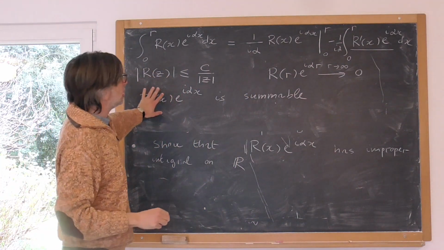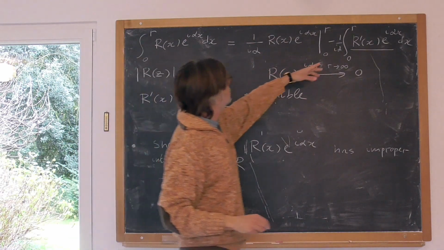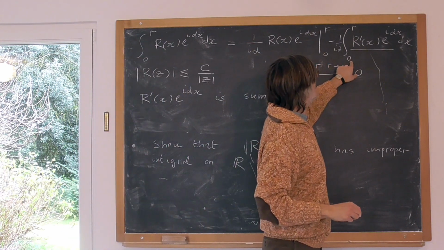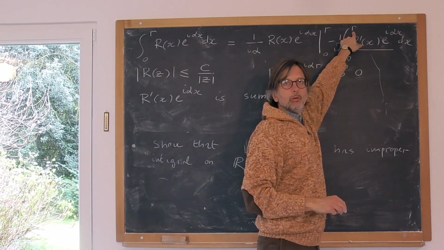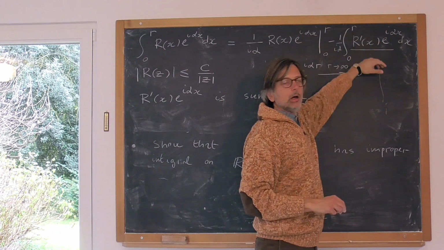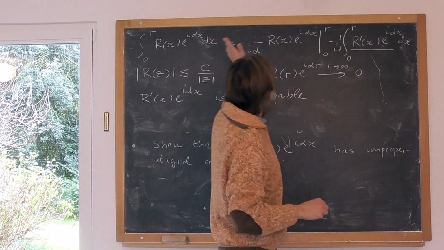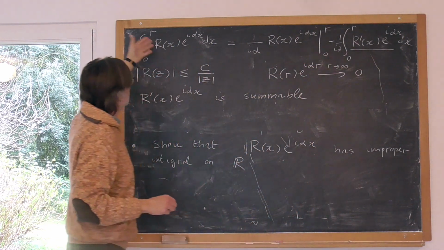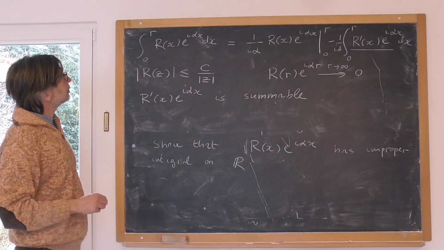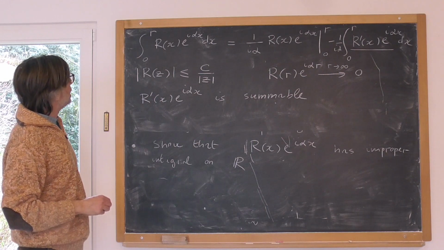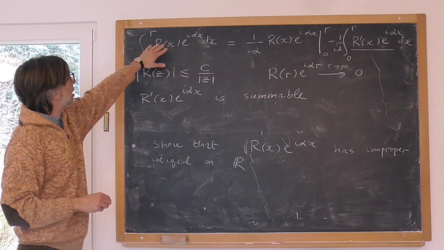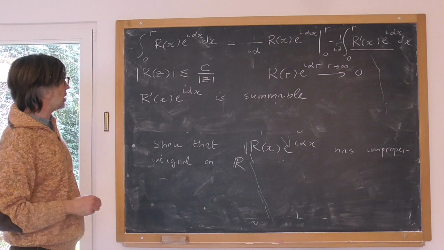If this is summable, then the limit for R going to infinity of this integral does converge, and then we get the existence of the improper integral for the given function.